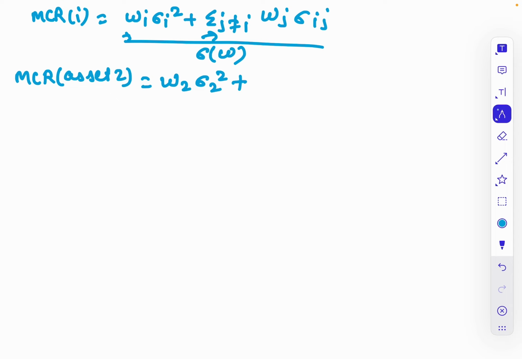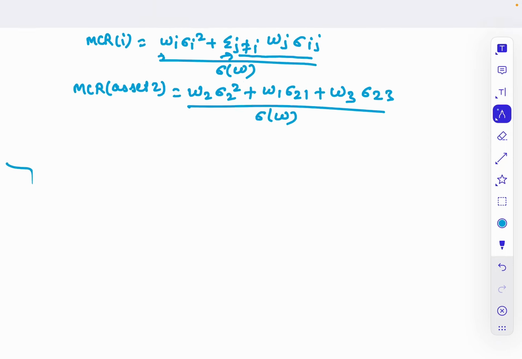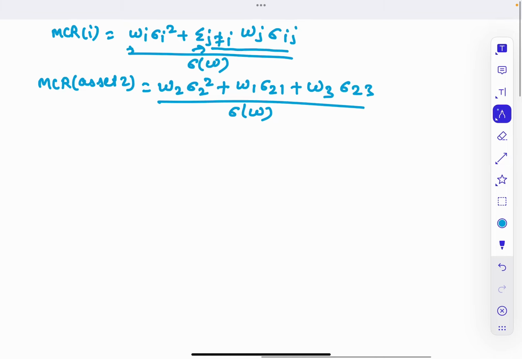So we have to sum it up for j equal to 1 and j equal to 3. Writing it for j equal to 1, this will be w1 sigma 21, and similarly for asset 3, it will be w3 sigma 23. So this is the marginal risk contribution of asset 2.